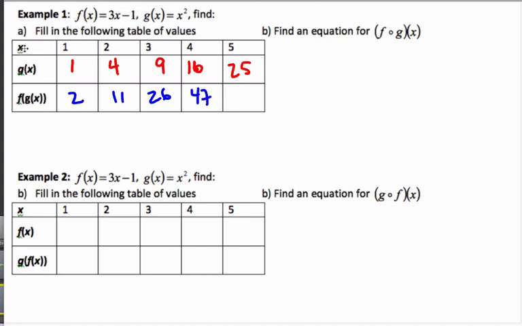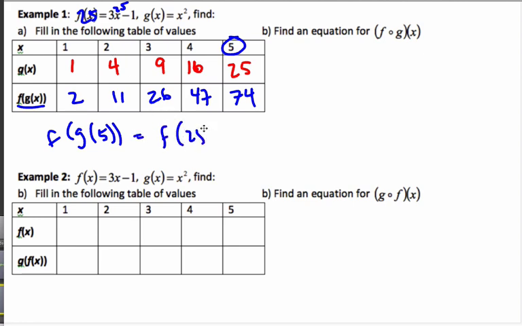And finally, x is 5, g of x is 25, so f at 25 is 3 times 25, which is 75, minus 1, which is 74. This is the function f of g of x, because for our last one, I want f of g of 5, which was f of 25, which is 74.